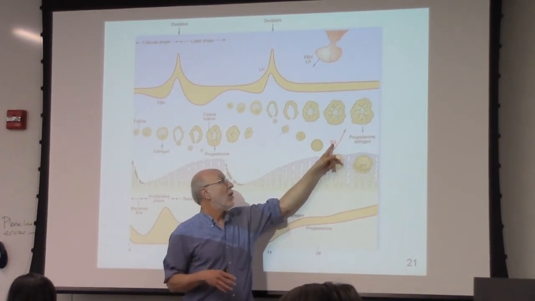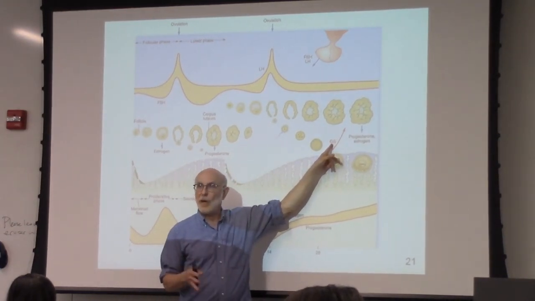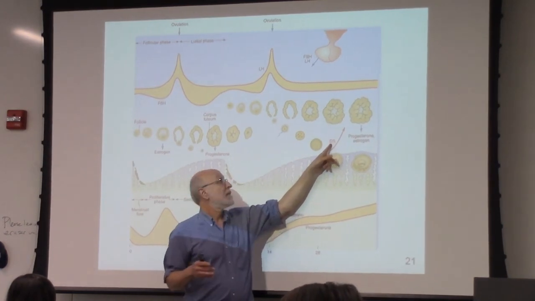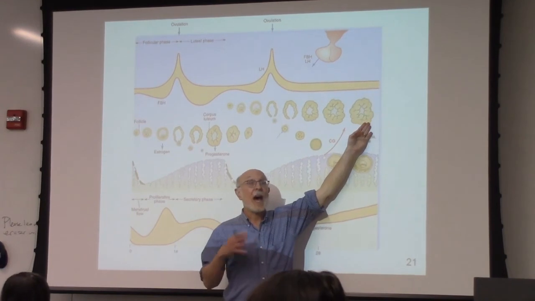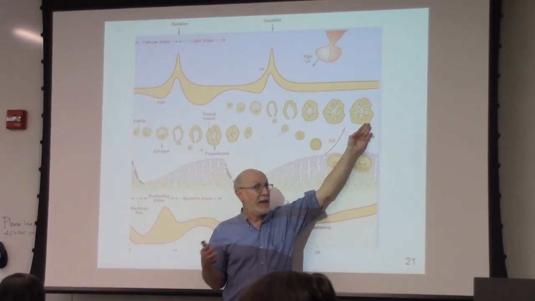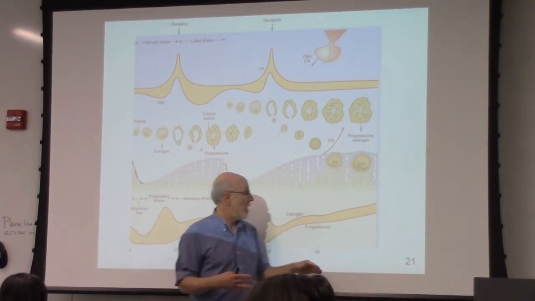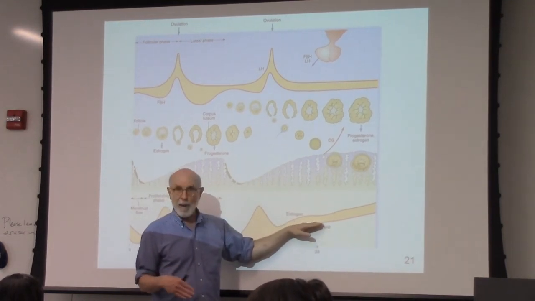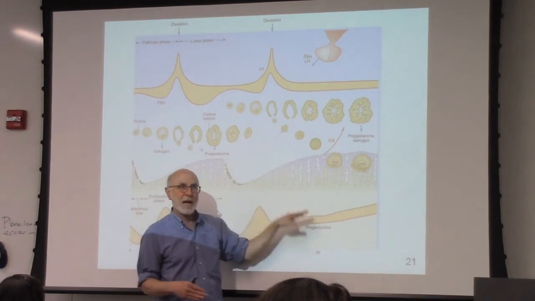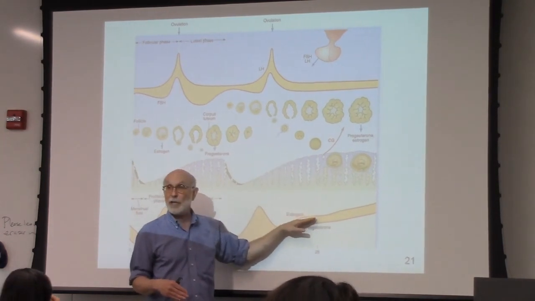For humans, it's called HCG, human chorionic gonadotropin. This is a hormone that tells the corpus luteum not to degenerate, and it maintains the corpus luteum. Levels of estrogen and progesterone are high, remembering that progesterone levels are 1,000 times higher relative to the level of estrogen.